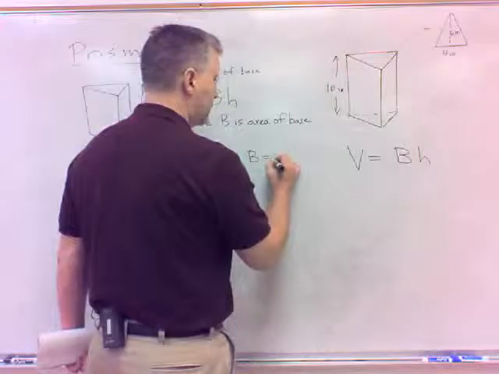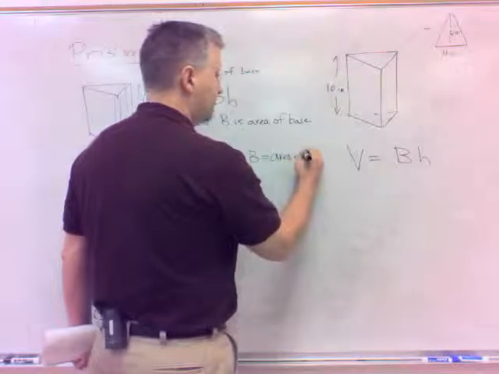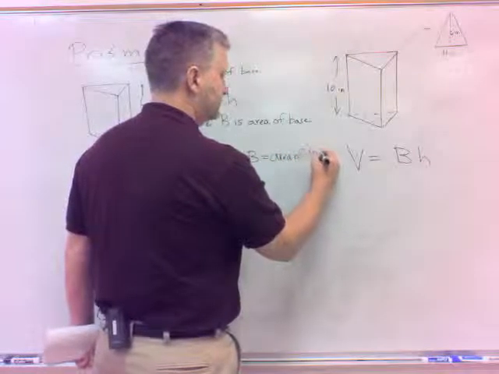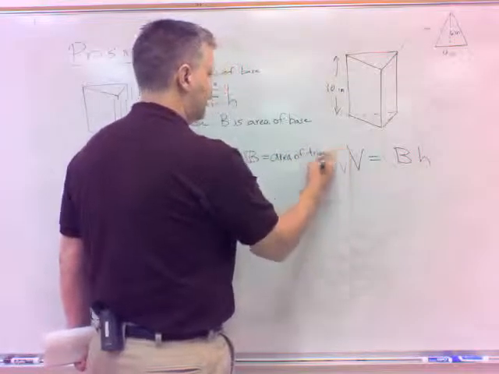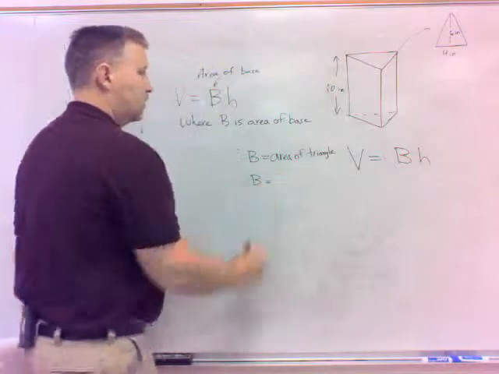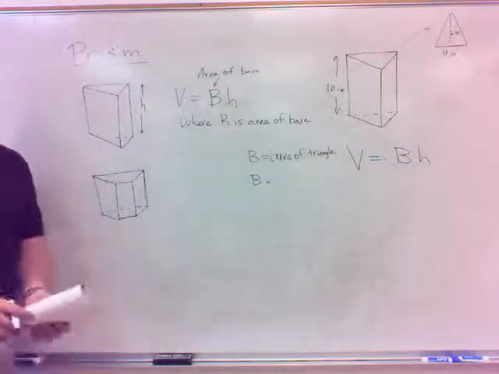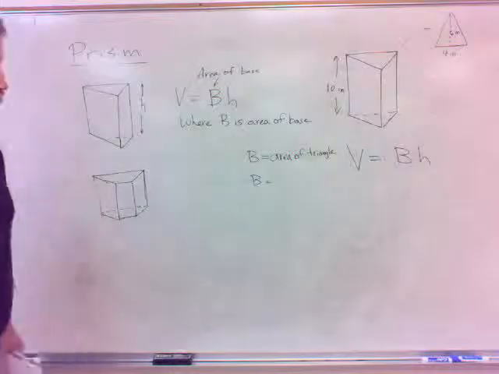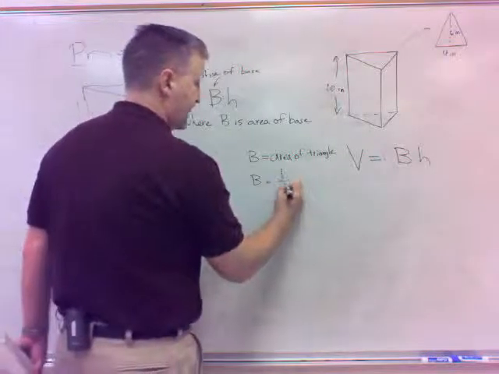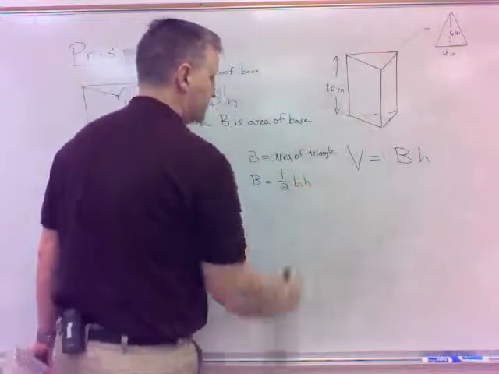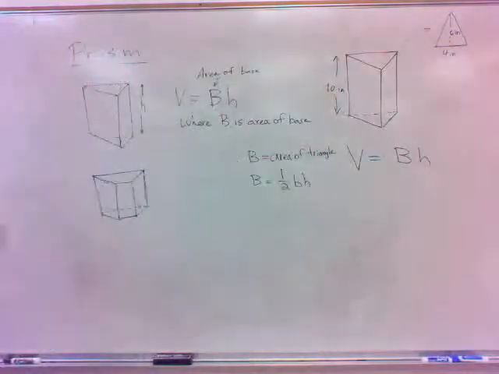So in this case, big B is the area of the triangle. What formula do we use for area of triangles? 1/2 base times height. So in this case, the formula for big B is 1/2 base times height.